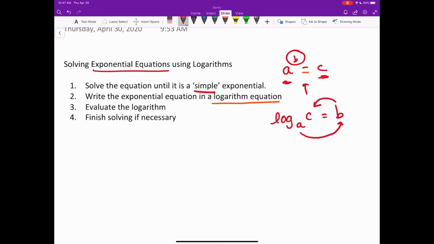So that's going back and forth between our logarithm and exponential equation. Then the next step is to evaluate this logarithm. If you were given some numbers in here, you could use the change of base formula and see what that is equal to. That's what the whole last week was about. And then the last step is to finish solving if necessary. So we're going to jump into some examples right now.